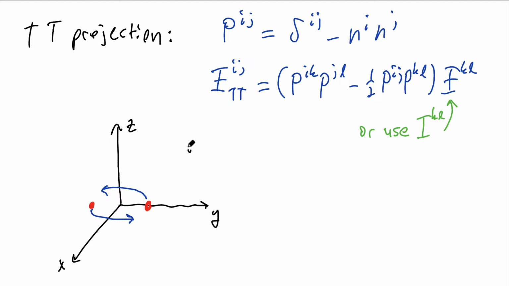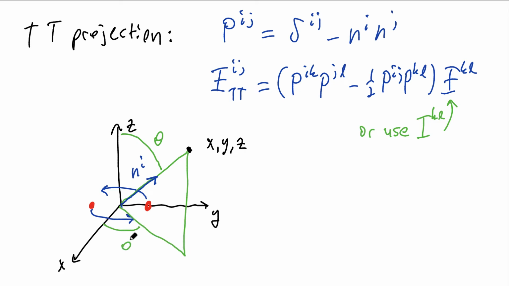And here is our observation point, x, y, z. The unit vector n points in this direction, and we can specify this direction using spherical coordinates. So this is the polar angle theta, and this is the azimuthal angle phi.